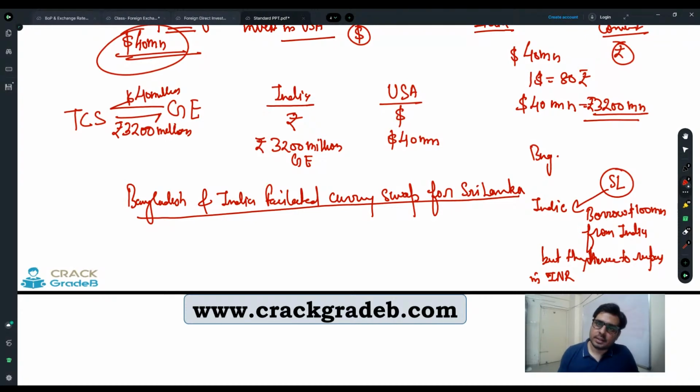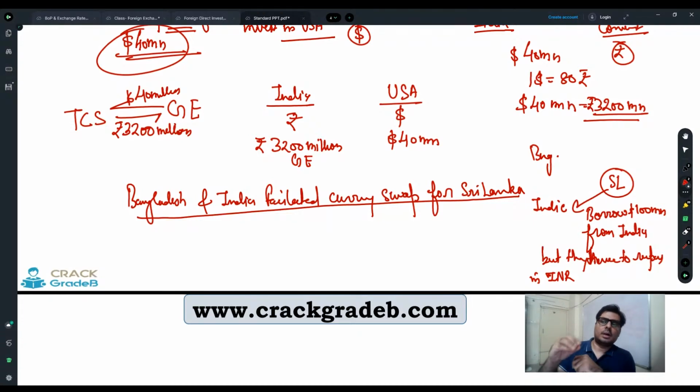So they can repay this money in Indian rupees. So basically, the Indian rupee is going to swap the loan of Sri Lanka. So Sri Lanka is going to borrow a loan of $100 million from the Indian Central Bank. Indian Central Bank, that is RBI, is going to give $100 million to the Sri Lankan Central Bank.